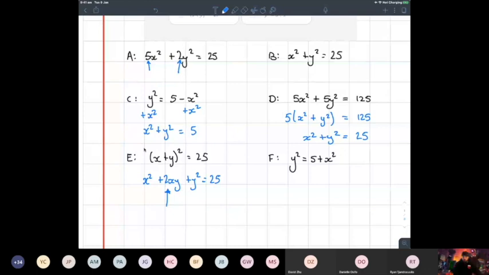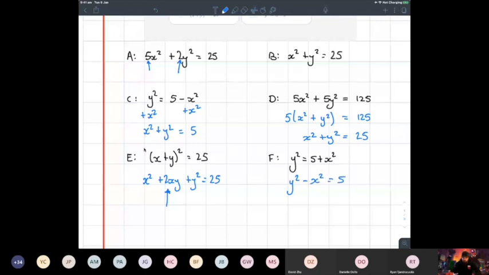So that one doesn't work. And finally with F, if we rearrange to get x squared and y squared on the same side, it'll be y squared minus x squared equals 5, and that's negative. That's not how Pythagoras' theorem works either, so F can't be a circle.